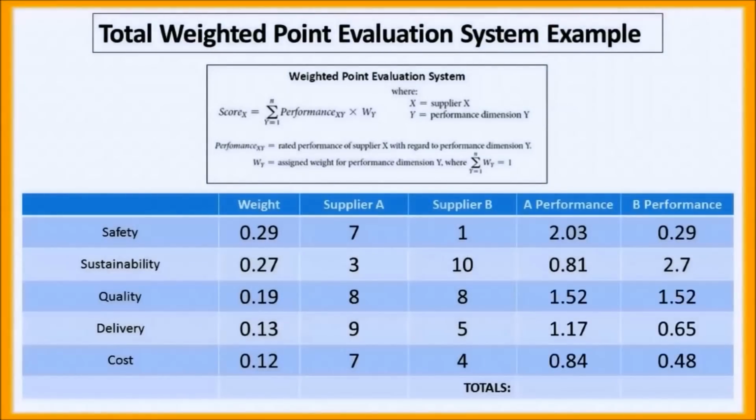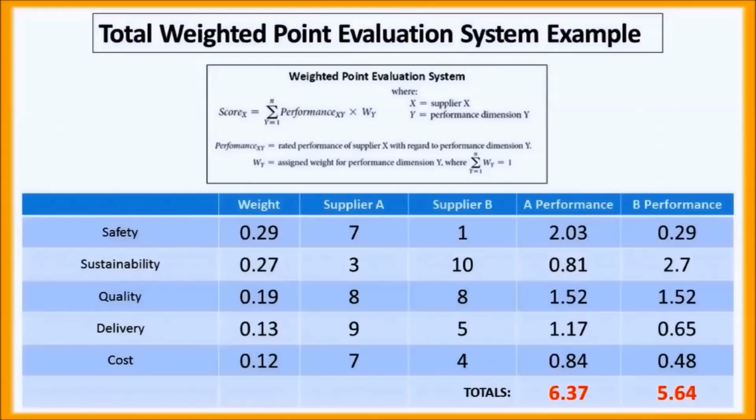So we continue with that pattern of calculations to get the performance of supplier A and B for quality, delivery, and cost, and you can see the numbers here. All of those numbers come from just multiplying the weight by their current performance score, a scale of 1 to 10, and then that gives us their performance in terms of a normalized scale.